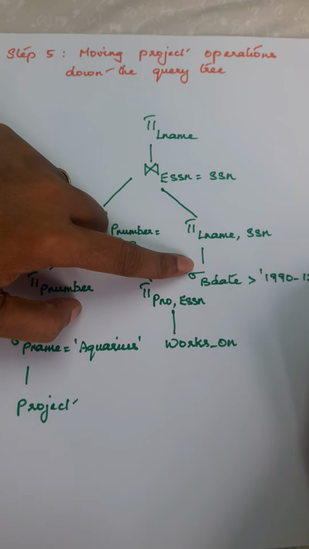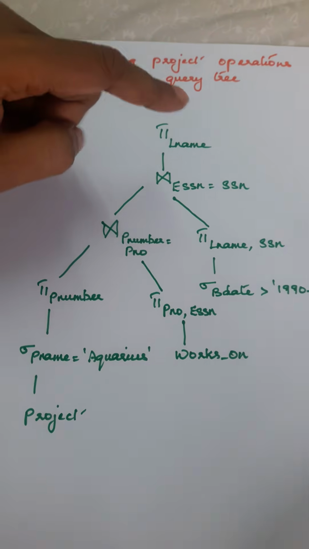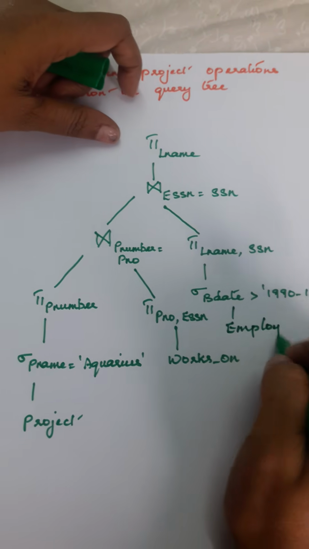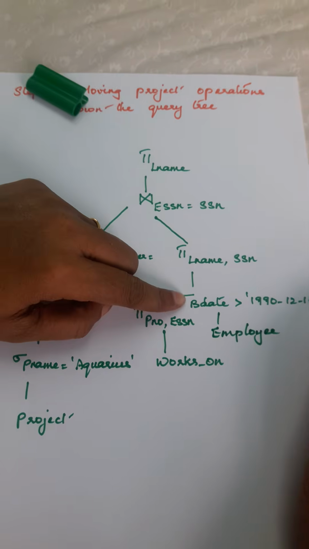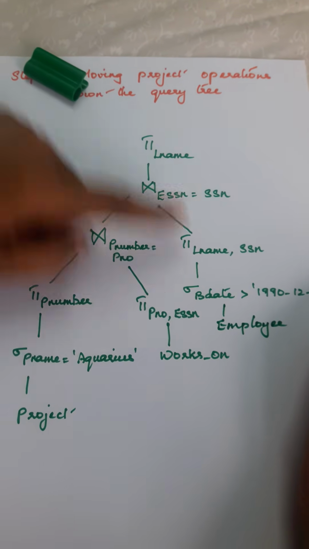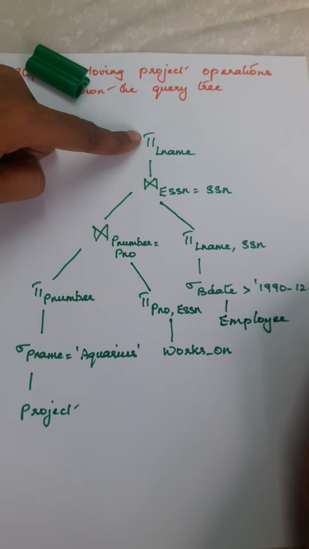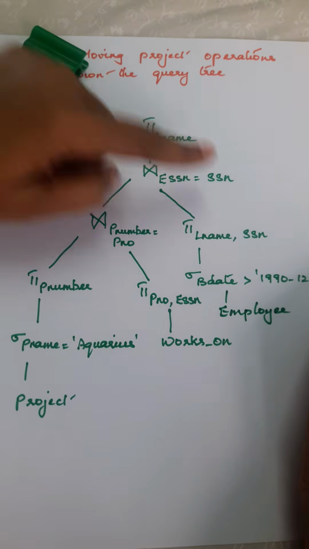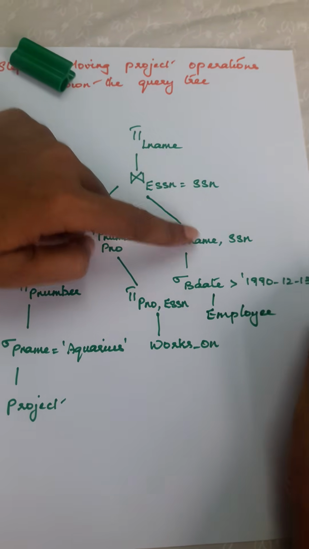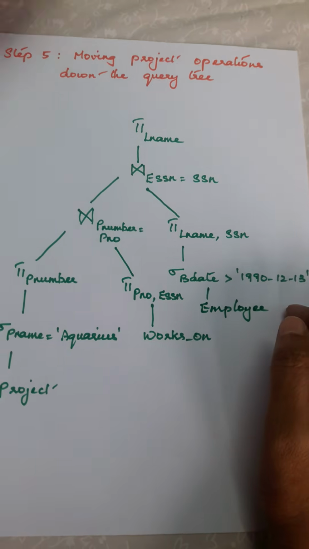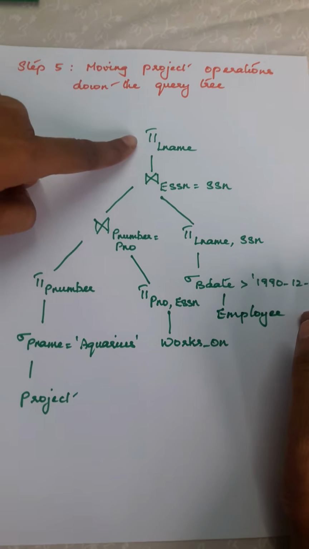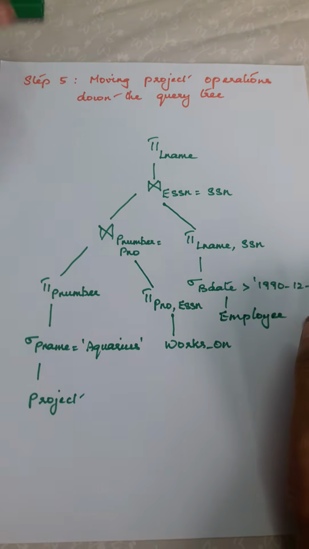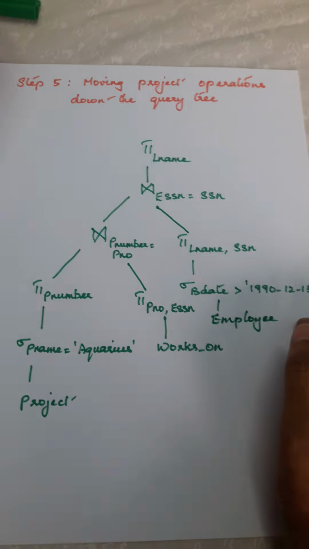In this, after applying the sigma, here it is employee table, and after applying the sigma condition, just look up to the root node which all attributes will be required, and we need last name for displaying and SSN for condition checking. So just take those two attributes and discard the rest of the attributes. This will be the final step, and the result we get here, or this final tree, is the optimized query tree. Hope the lecture is clear. Thank you.